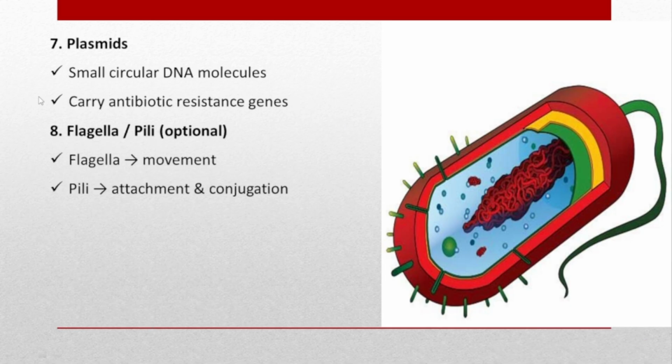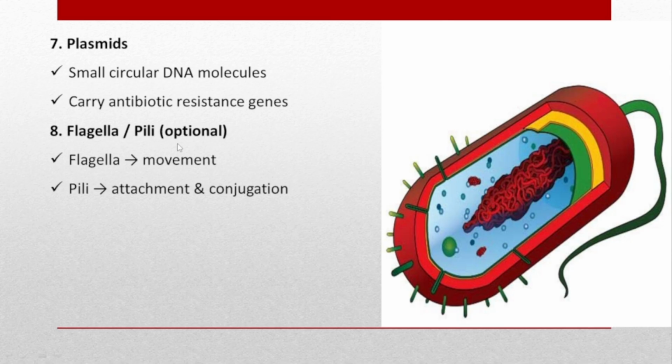The other one is the plasmid. Within the prokaryotic cell, specifically in bacterial cells, the plasmid is a DNA molecule that carries antibiotic resistance genes. The main role of the plasmid is to carry the antibiotic resistance genes.